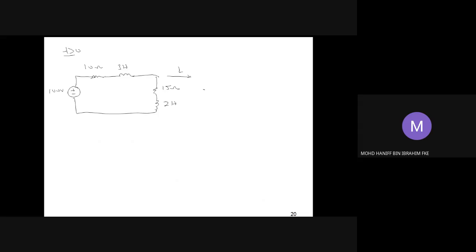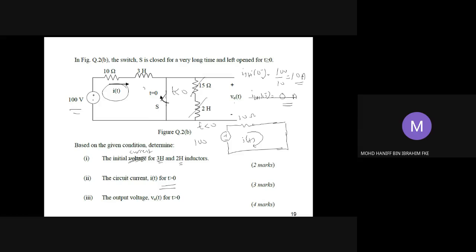So the 100 volt shall be equal to 100 divided by S, and the 10 ohm resistor should be there. For the 3 Henry inductor, we transform it into the impedance SL. L is 3 Henry, so we have 3S. Remember that for the inductor, the initial current I at 0 negative for the 3 Henry is 10 amperes just now, so we need to use it.